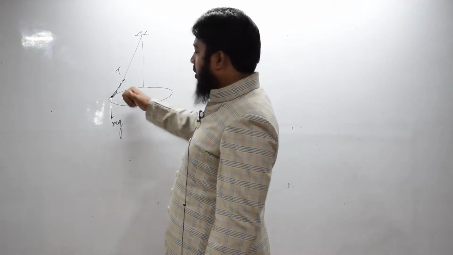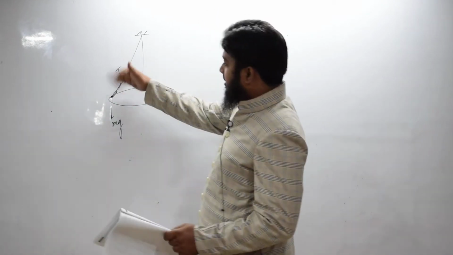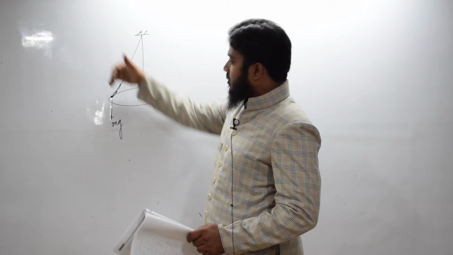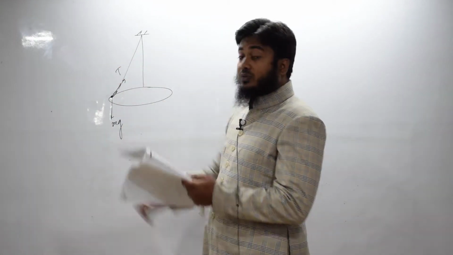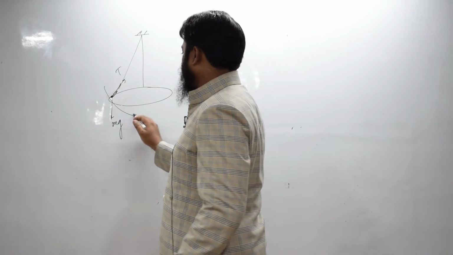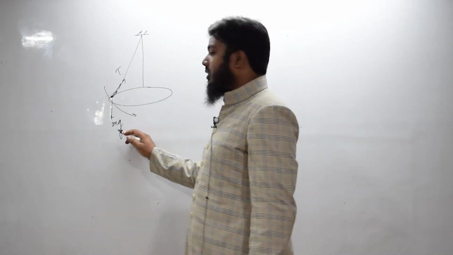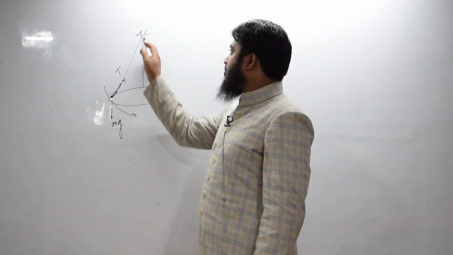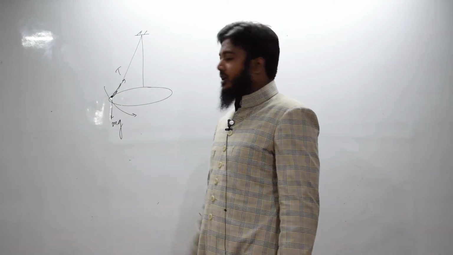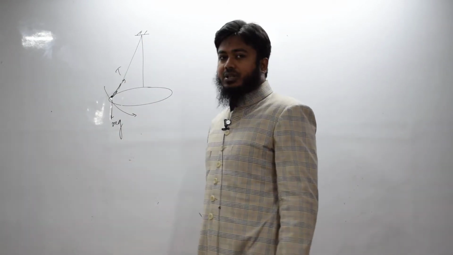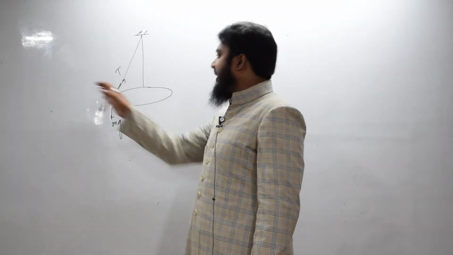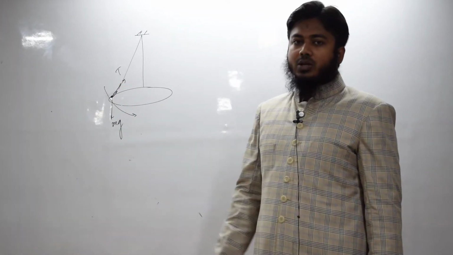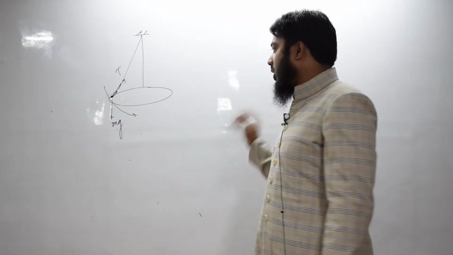So, torque is outward, that means this mass will tend to move anti-clockwise due to this weight. Tension is passing through the point about which we are calculating torque, so torque due to the tension in the string will be 0.